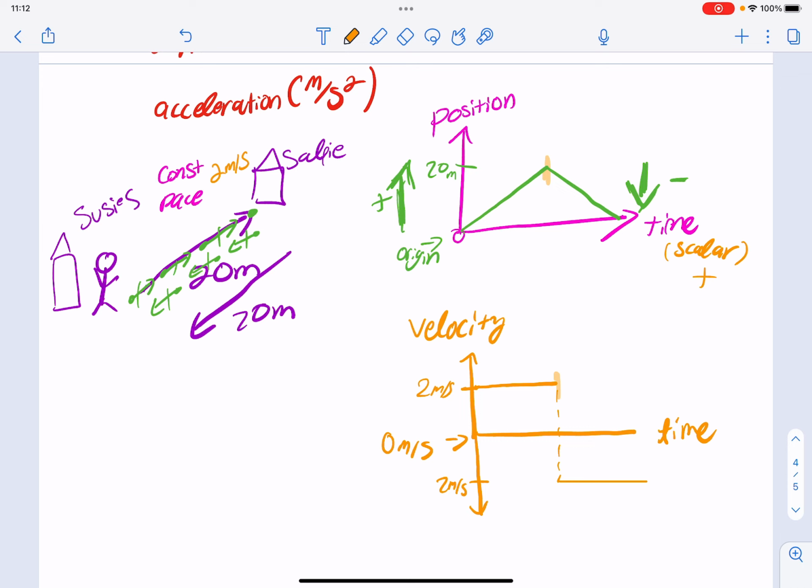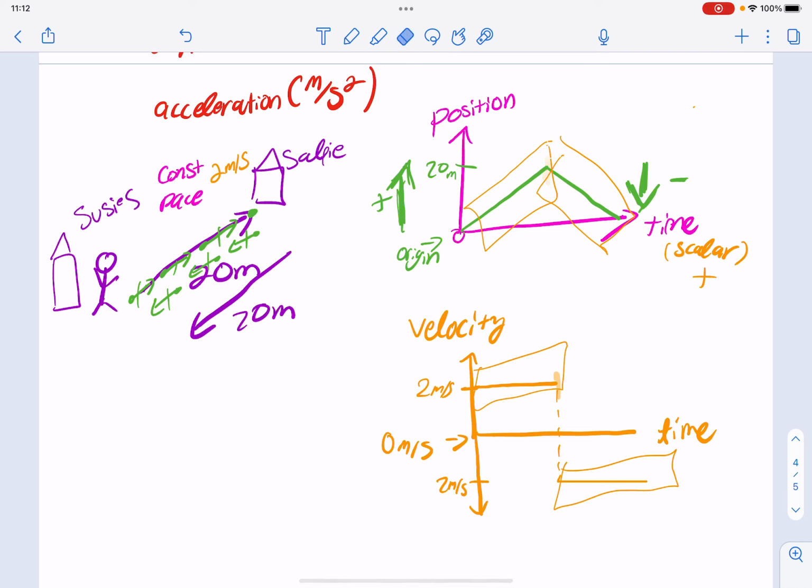Now, if you look over here, the graph of this line is actually just the slope of this line. Now, what does that mean?